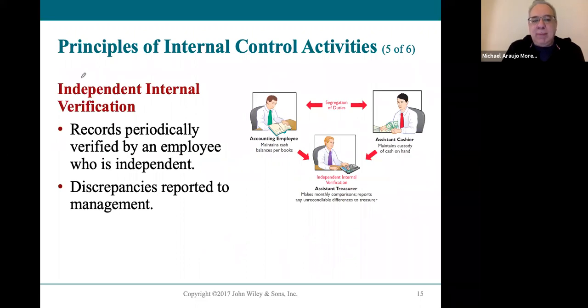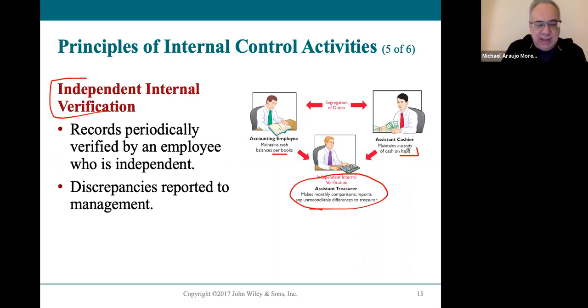When a company is really big enough, they can get a third person involved to verify independently that what's going on is legit. And so earlier we had employee A who is record keeping of the cash versus employee B who's actually holding on to the cash.